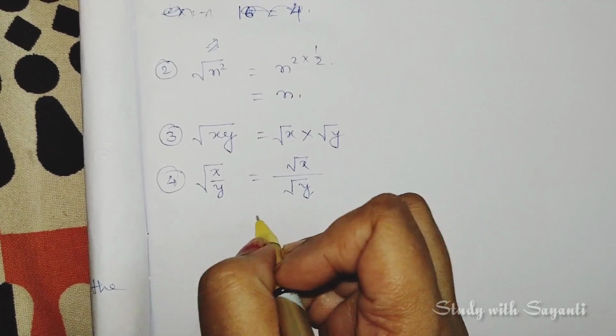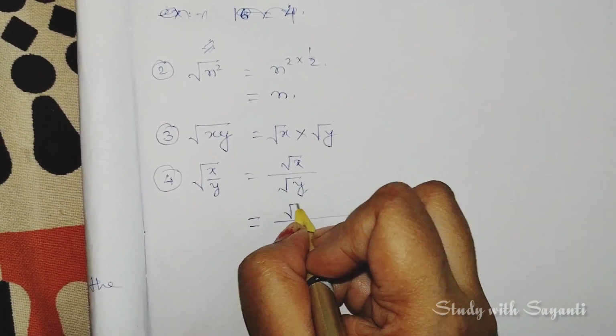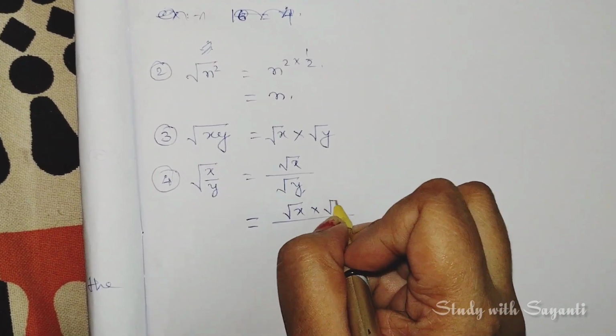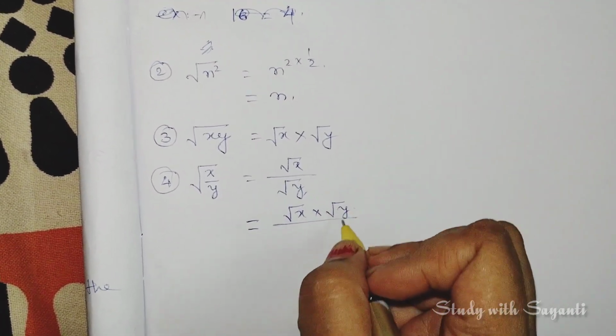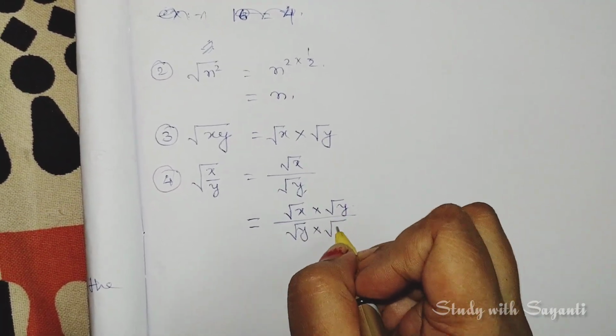We can remove the square root from the denominator by multiplying the same number in numerator and denominator in this way.